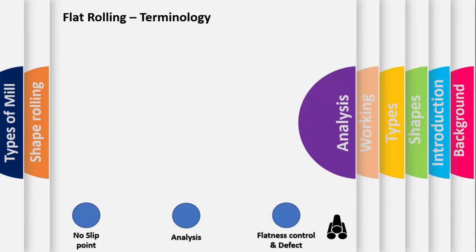So let's start with the analysis of the rolling. So we have the first one, the draft. While performing the rolling operation, the first thing we consider is the draft, especially the flat rolling. So what is the draft?